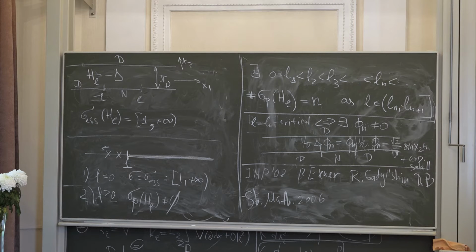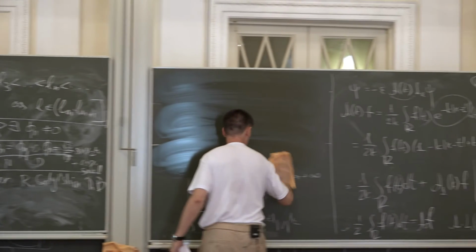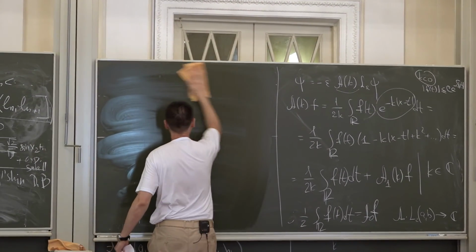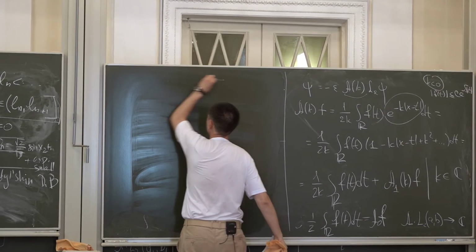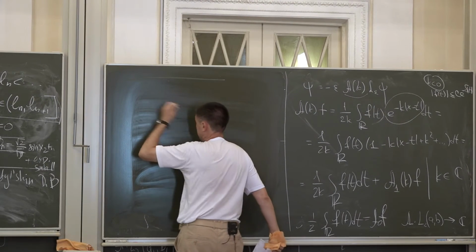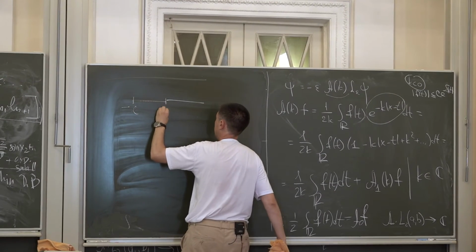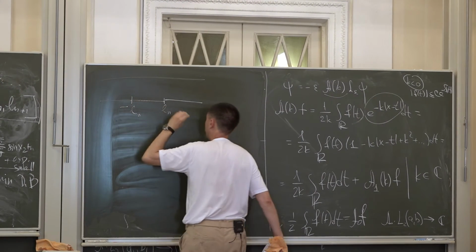So in order to study this effect, we should first understand the behavior of the resolvent of the free operator. So actually we should solve the following boundary value problem.